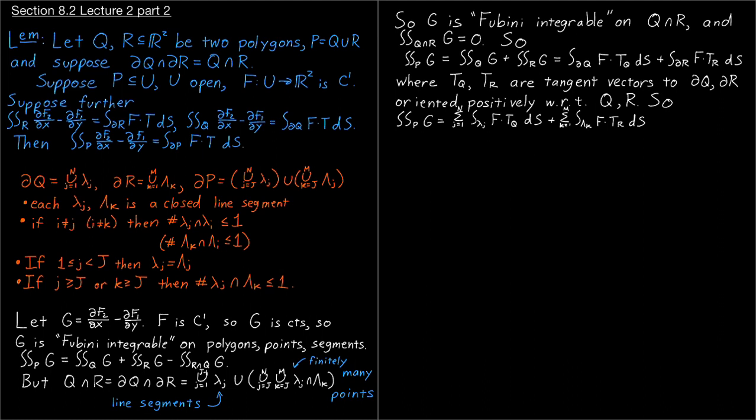All right, and then what we're going to do is we're going to split off the line segments that are in the boundary of P. And then we'll hang on to the line segments that show up on the boundary of both Q and R. And remember, in that case, they're the same line segment.